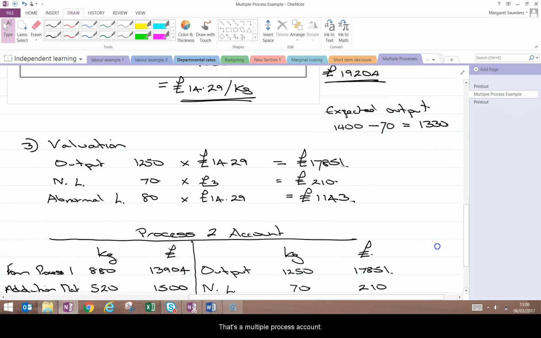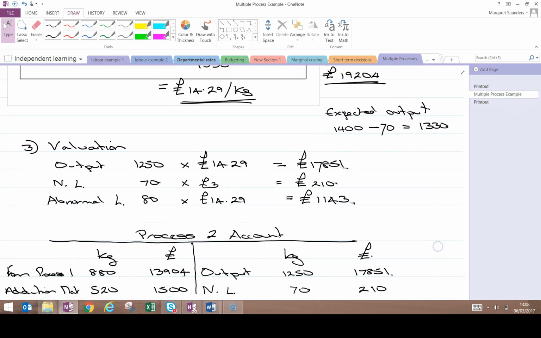So that's a multiple process account. And we could see that process 2 output could in fact go into a third process or a fourth process. However, you'll only generally be asked to deal with 2 processes.